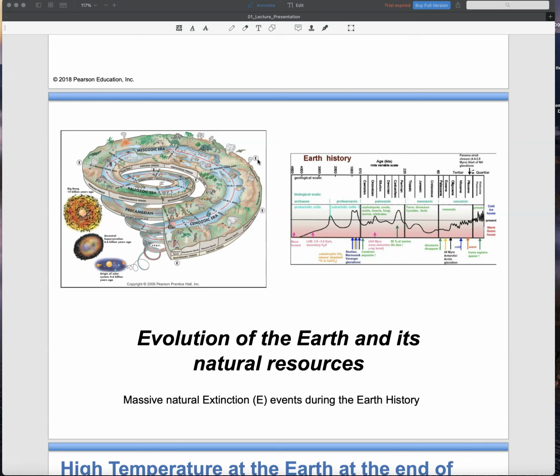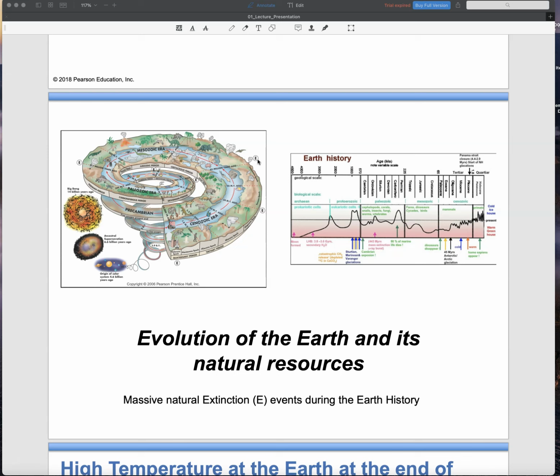So it is not good to say, but because of those extinctions, today we have a lot of fossil energy resources on the earth.